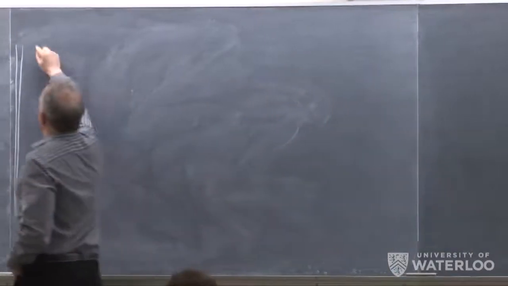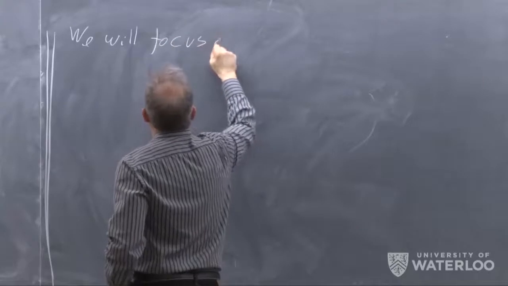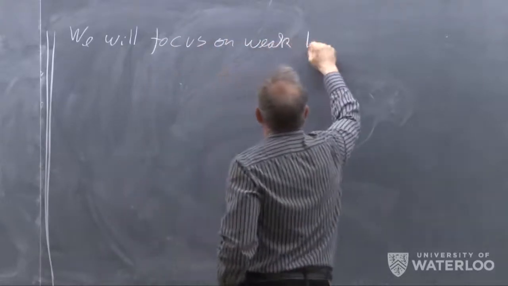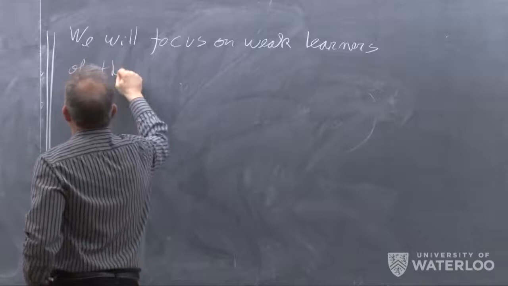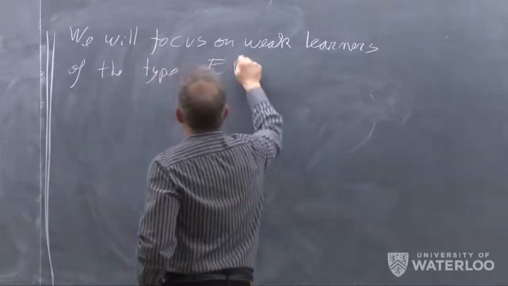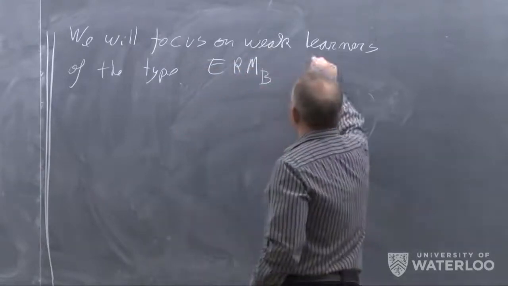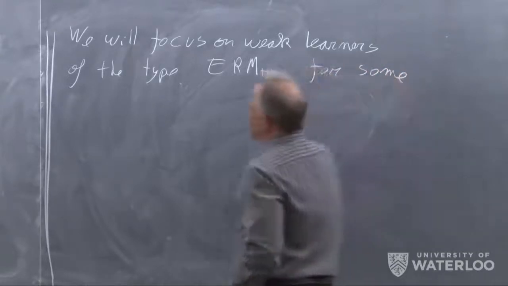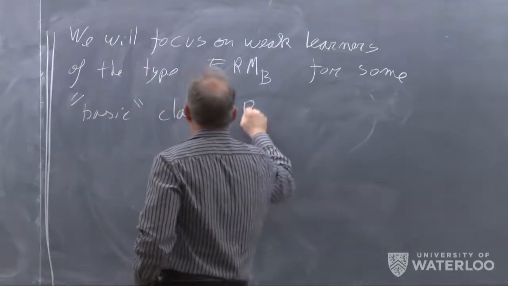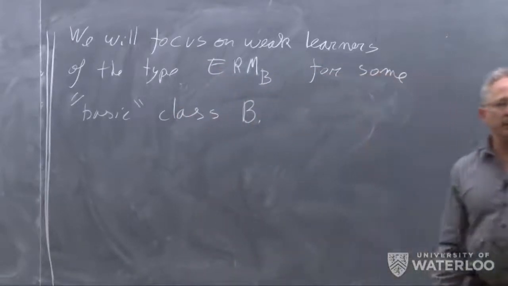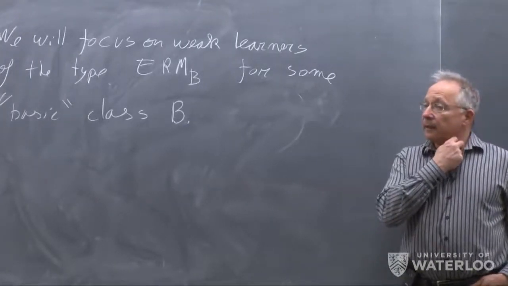We will focus on weak learners of the type ERM over B, for some basic class B. So instead of talking generally about weak learners, we focus on weak learners that are just ERM.